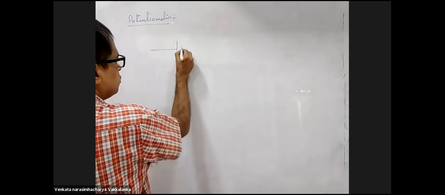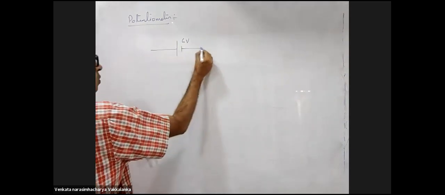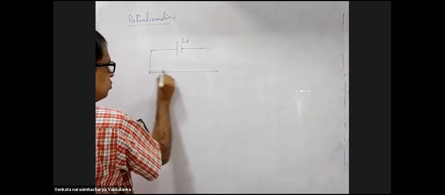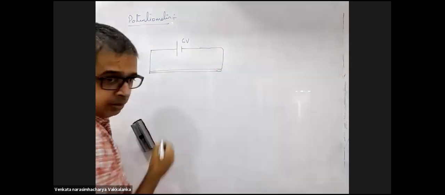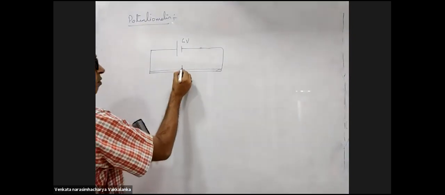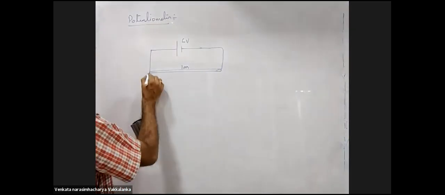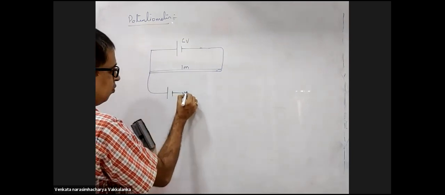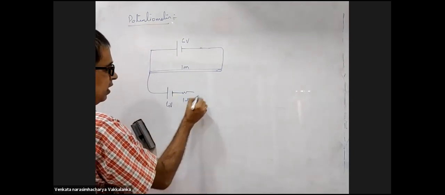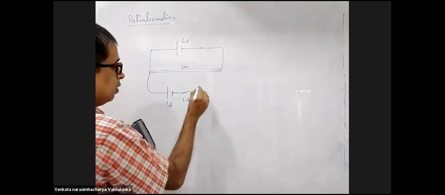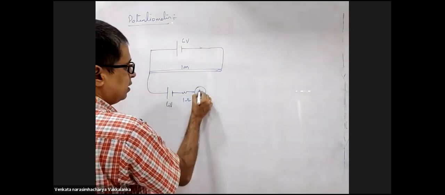Now listen. I'll solve this. This is 6 volts. This is the potentiometer wire, a uniform wire of length 1 meter. The positive terminal of another battery of EMF 4 volts and an internal resistance, and an ammeter.